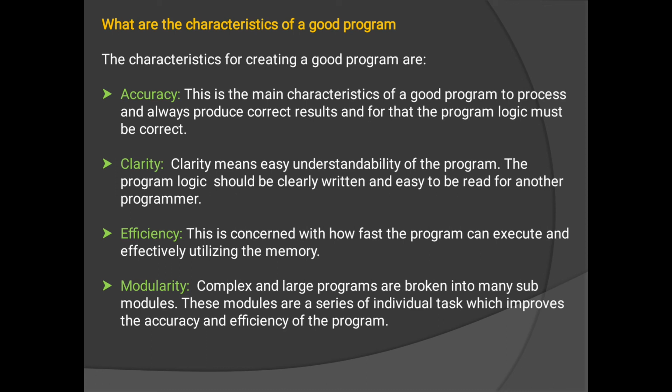The characteristics of creating a good program are: number one is accuracy. This is the main characteristic of a good program: to process and always produce correct results, and for that the program logic must be correct.